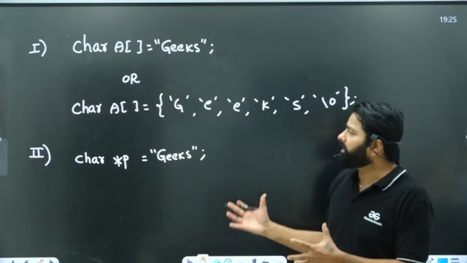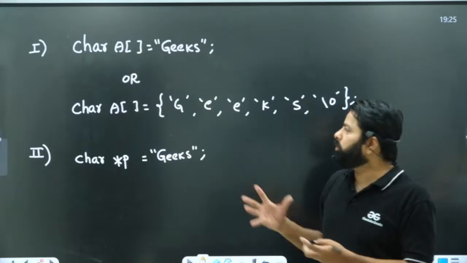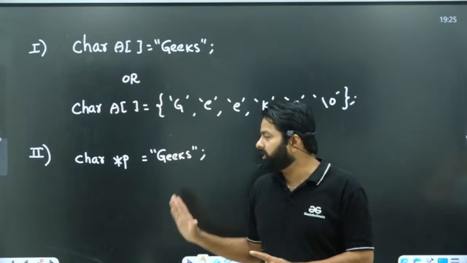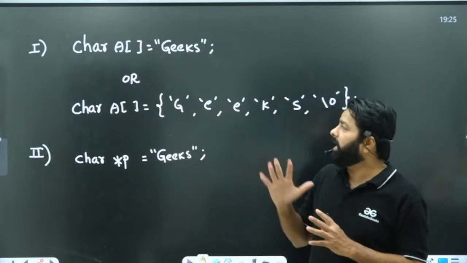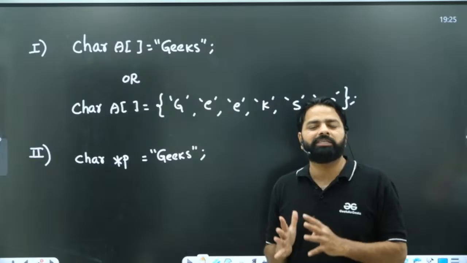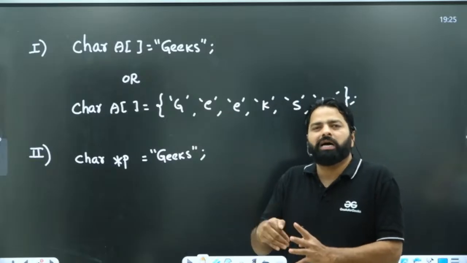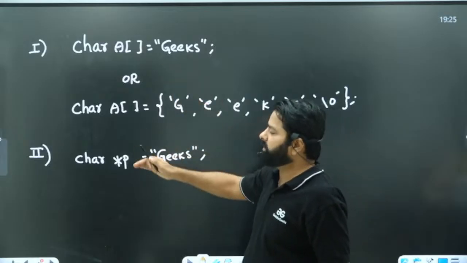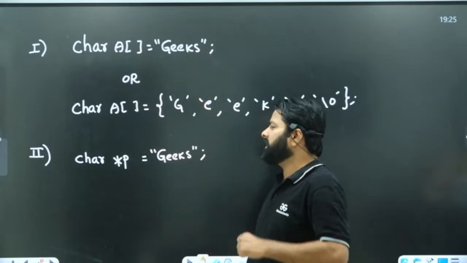If you try to compare a and p, of course both are dealing with strings only, but a is an array and p is not an array. Understand? A is an array but p is not an array. P is just a variable which holds the address of the string. Now we'll compare these two kinds of declarations and initializations.